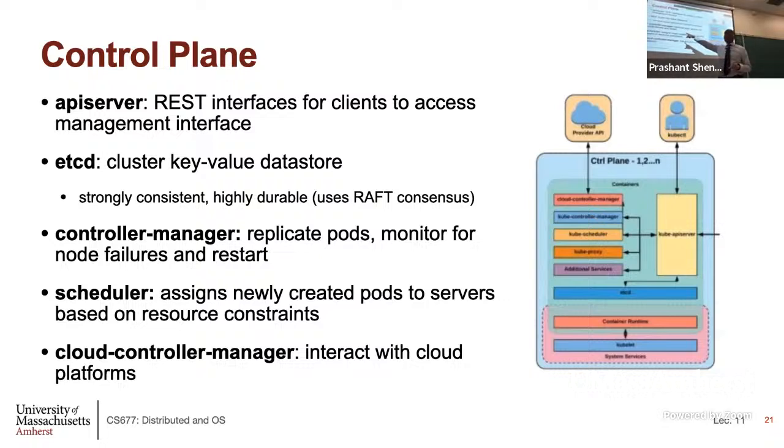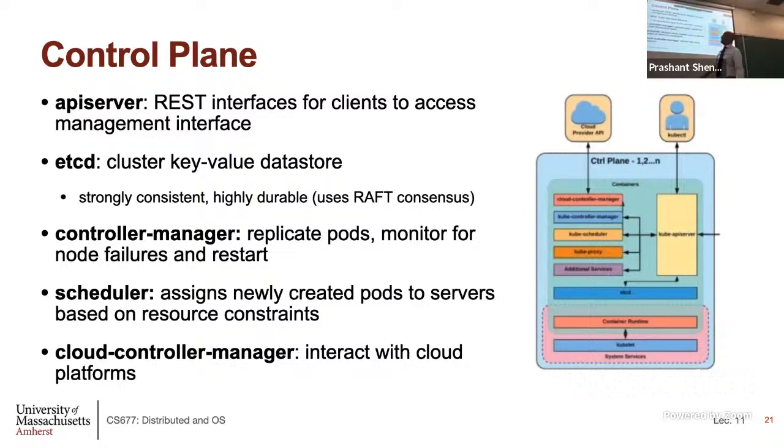Then there's a controller manager that replicates pods, manages them for failure, and so on. There's a scheduler that assigns new pods to servers. This is the one figuring out, if you want to create a new application, which server needs to be used for it. And then there's another one used for Kubernetes to interact with cloud managers. So many different components.